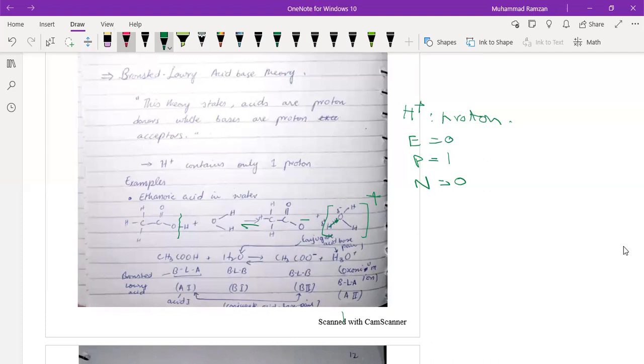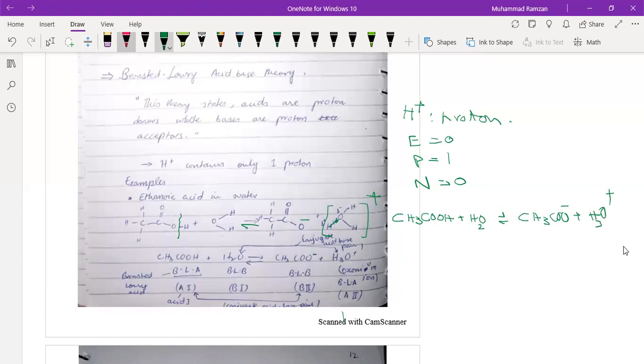That's why it is called conjugate acid base pair. If I write this on the right side, this is CH3COOH plus H2O. This is reversible. The OH bond breaks. It becomes H3O plus.